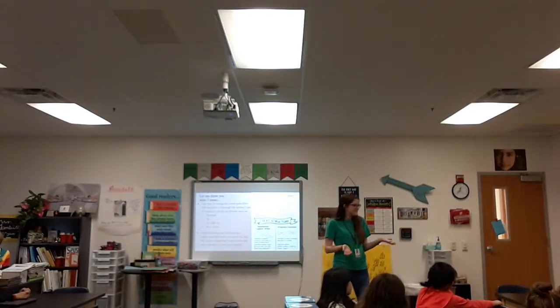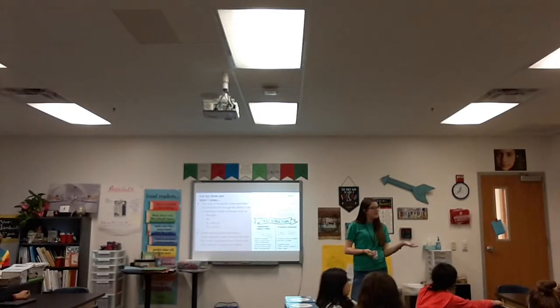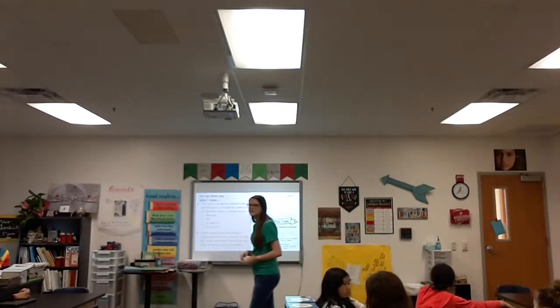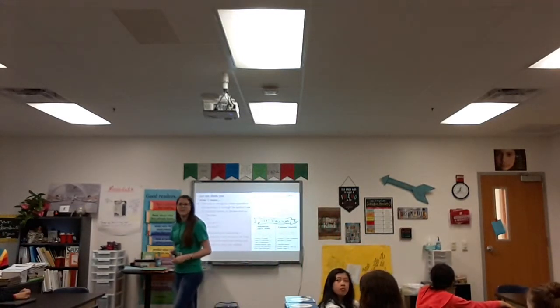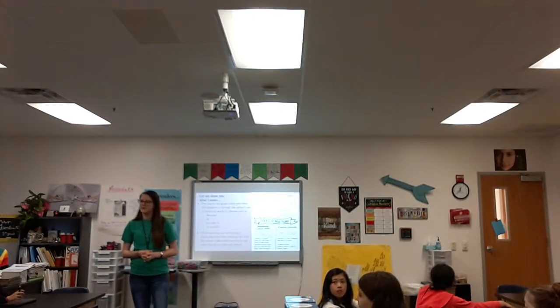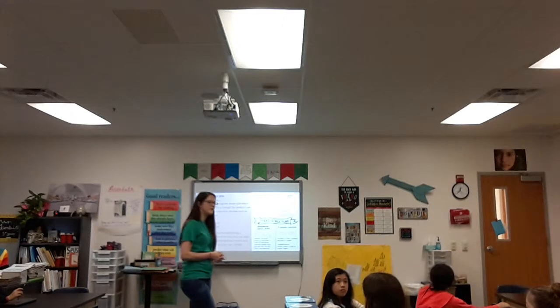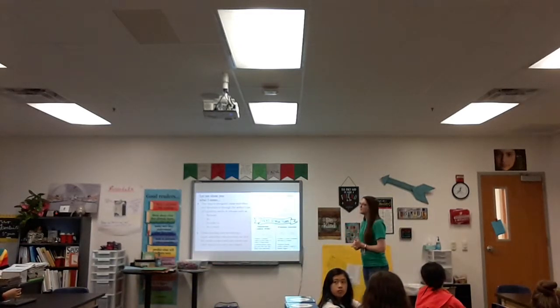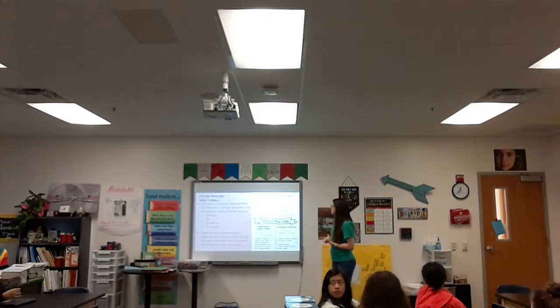Yeah, it's to explain things, not only what happened, but why it happened or how. Good. Why else might an author use cause and effect? Does anyone have any other ideas? That's okay. I think your answer pretty much summed it up for us. It's pretty simple, right?